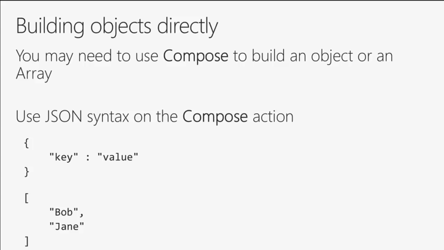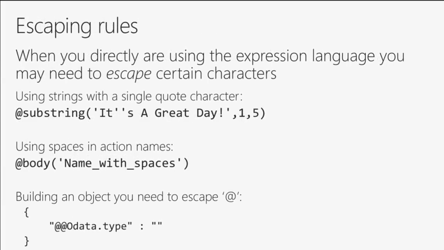The syntax for creating objects is the curly brace and then the key value pairs separated by commas. One final thing to keep in mind when you're building objects is that there are some characters you can't use in certain places. If you recall, the single quote character was used for making something a string in an expression, right?